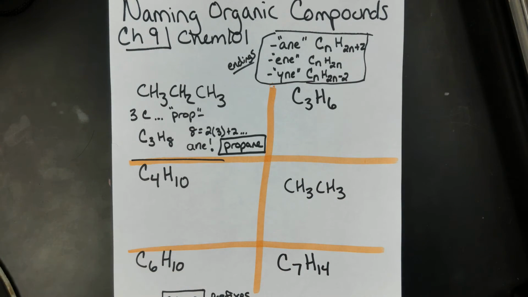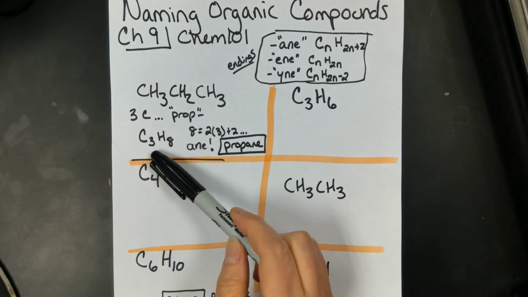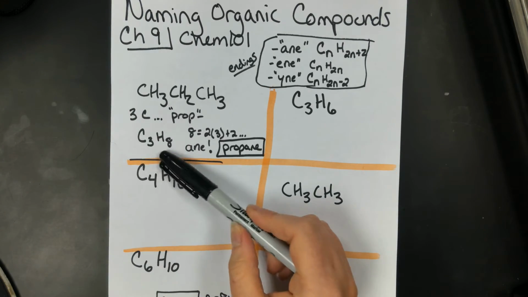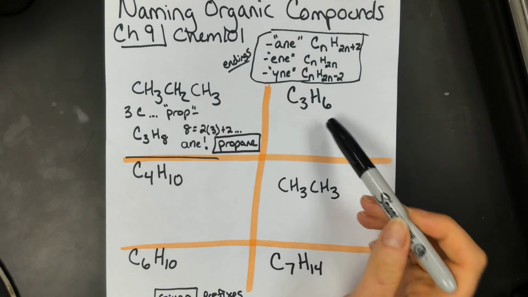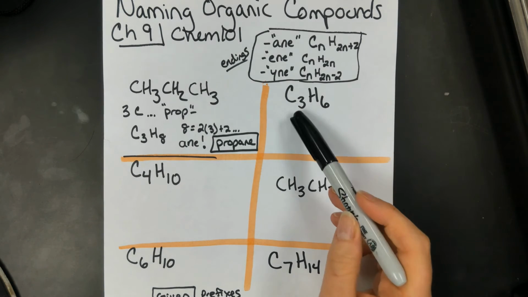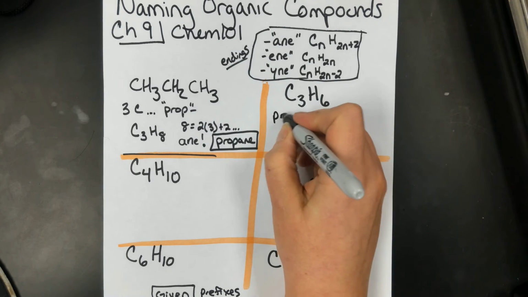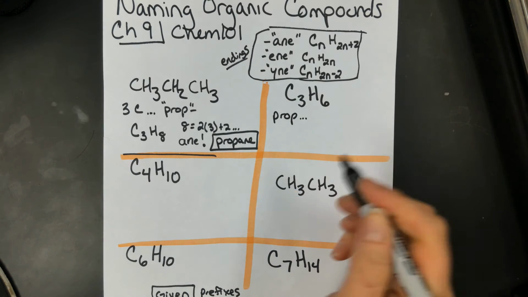Okay. The next one, for this one we had to put it into this format, right? The very condensed format. We're going to go ahead and just apply that here right now. C3H6. We know C3, so we're going to have a prop something.